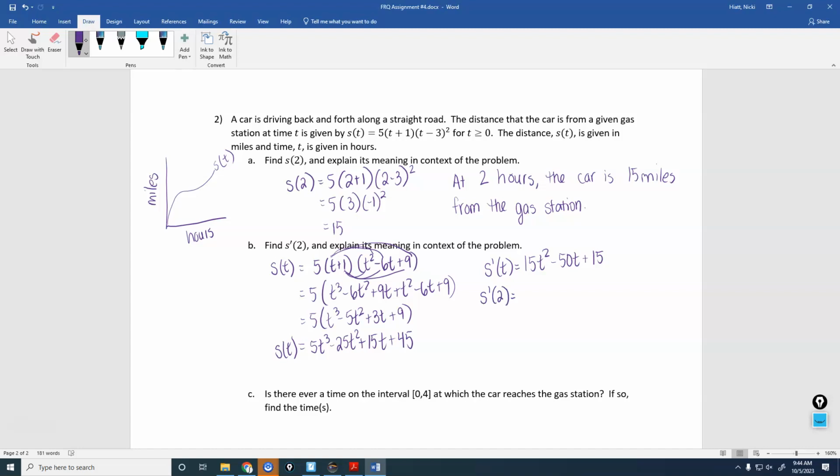That tells the grader that you're plugging 2 into your equation. So 15 times 2 squared minus 50 times 2 plus 15. So 2 squared is 4. 4 times 15 is 60 minus 100 plus 15, which is negative 40 plus 15, so negative 25.